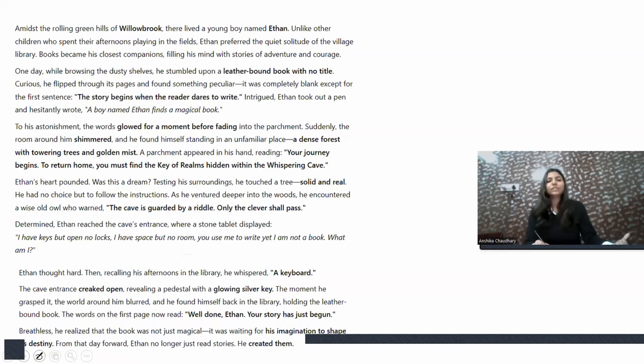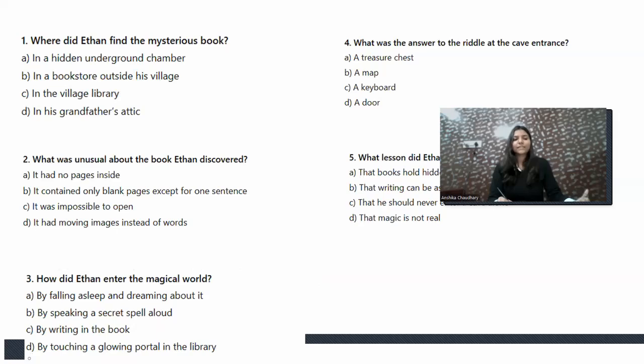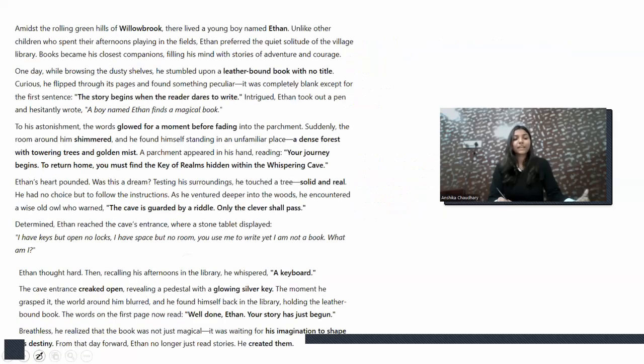Now let's move further and solve this lengthy paragraph, and this is the last passage. Sorry, again and again I'm saying paragraph, I don't know why. So for the lengthy passage, the trick is you have to read one line of each paragraph.